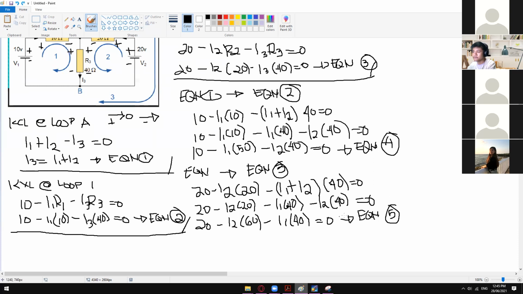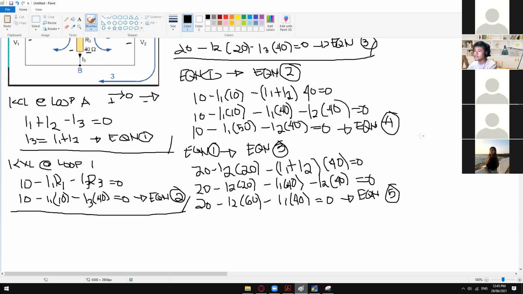The same with equation number 5: I took equation number 1 and replaced I3 with I1 plus I2, and then you get this as your new equation, equation number 5.